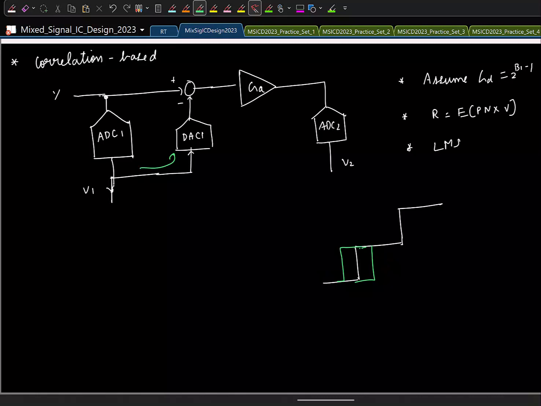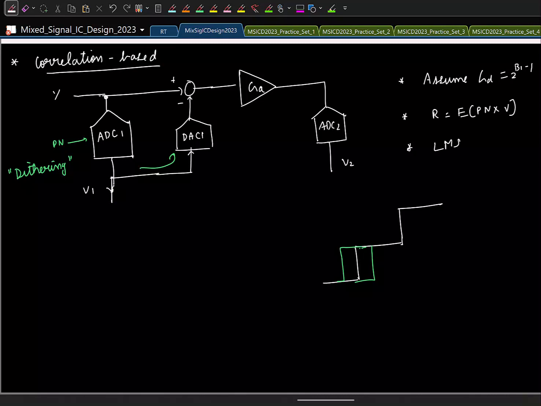If it is 1, I will choose some other reference level. So this will also add the same error, right? This is something that is commonly done. So you add the PN sequence to the comparator directly. And this act of adding pseudo-random noise is often called dithering. So this is one of the commonly used techniques for calibration.